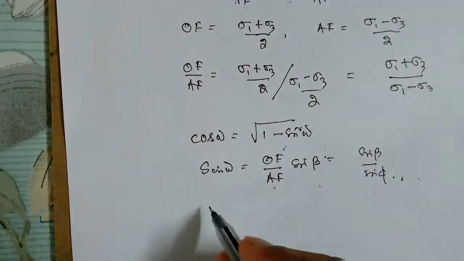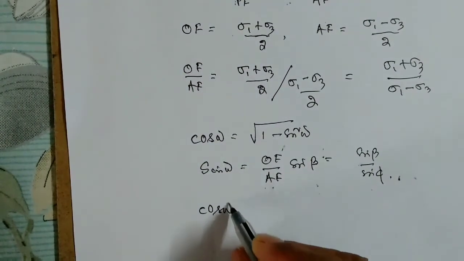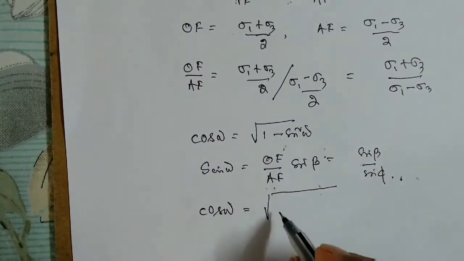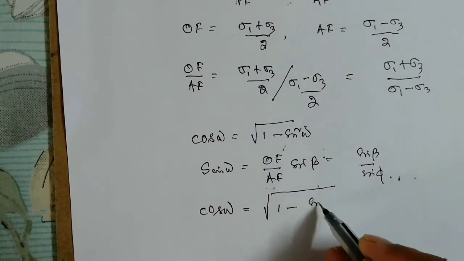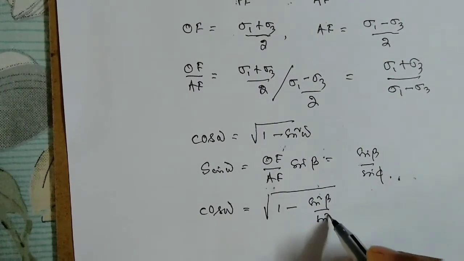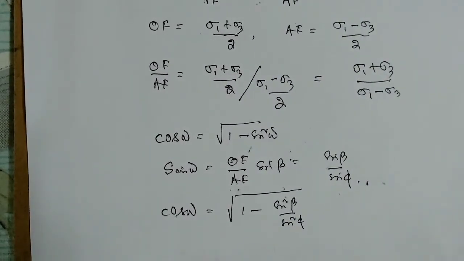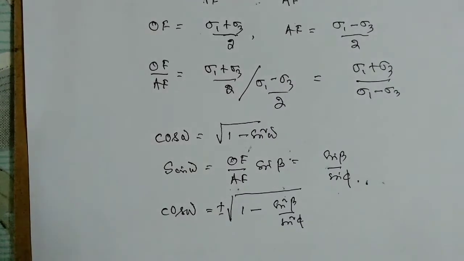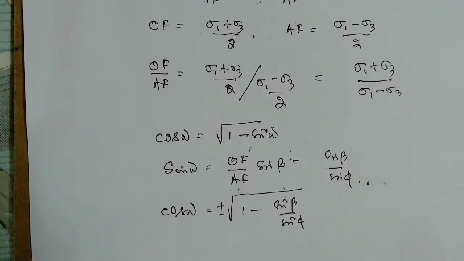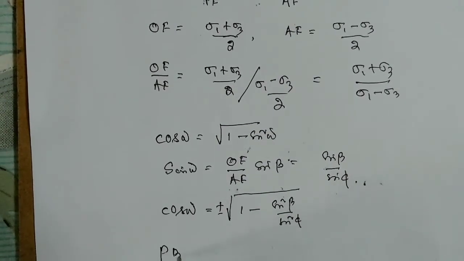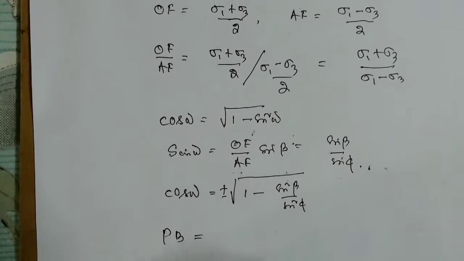So cos omega is equal to plus or minus the root of 1 minus sin square beta by sin square phi. Now PB is completed. PB is PF cos omega.